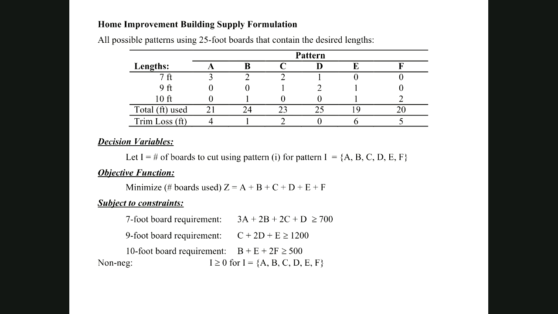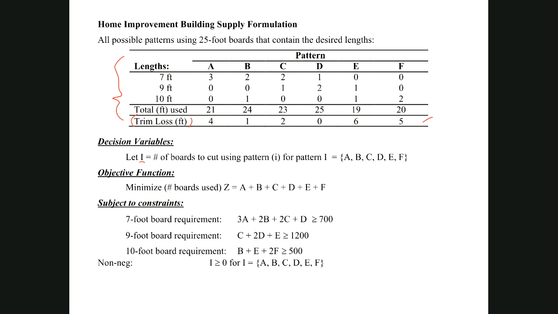And you'll notice here's the recap of all those particular cutting patterns. We have all of our cutting patterns listed here. We have the trim loss for each one of them listed in the bottom section here. And we're going to let the index I equal the number of boards cut using that pattern for A, B, C, D, E, or F. And then we're going to minimize the number of boards used.